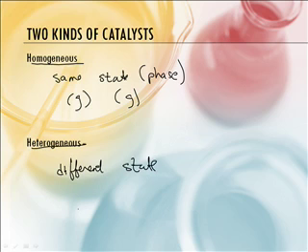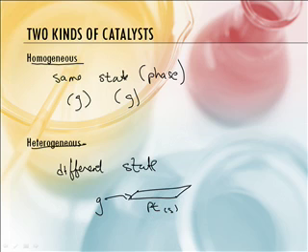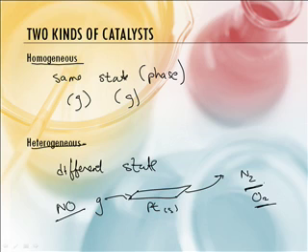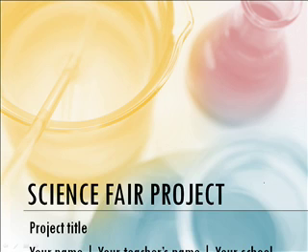Catalytic converters are the classic example. You have gases that come across a piece of solid platinum, which takes the nitrogen oxides and turns them back into nitrogen and oxygen, which will not harm the environment at all. It's pretty cool how a solid catalyst works.